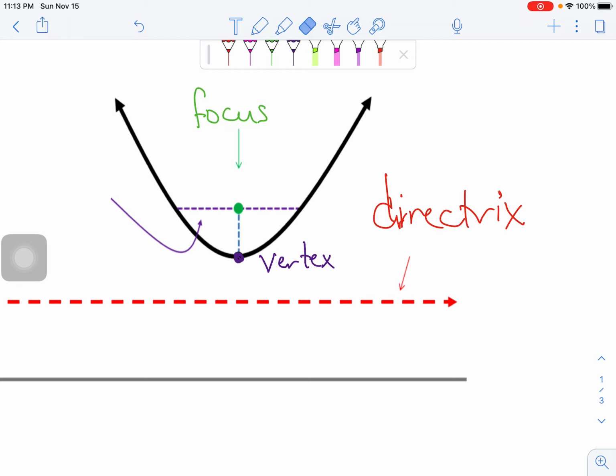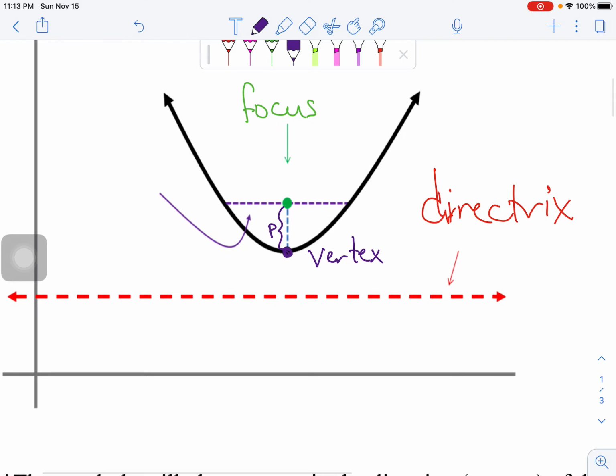This little distance, the distance from the vertex to the focus, is called p. So p is the focal distance. Again, that is how far your vertex is from the focus or how far your vertex is from the directrix. They're the same distance.